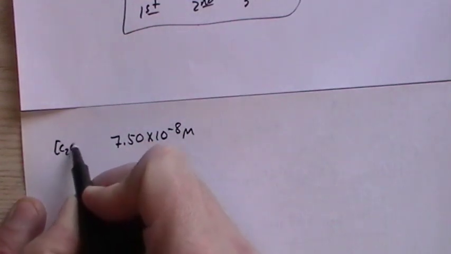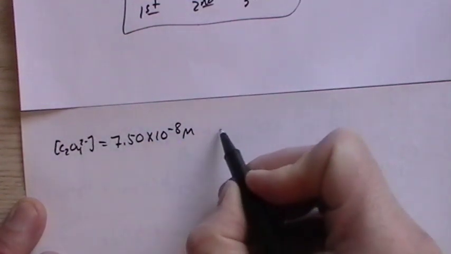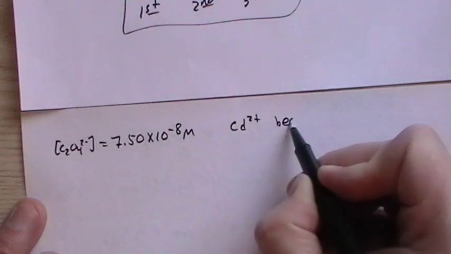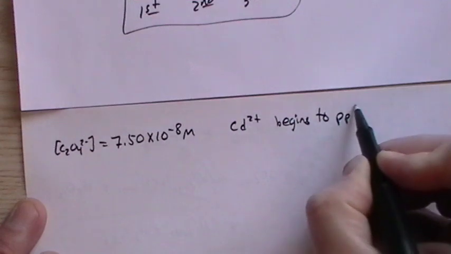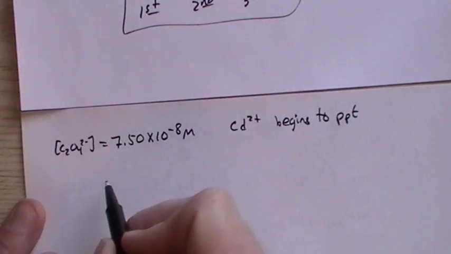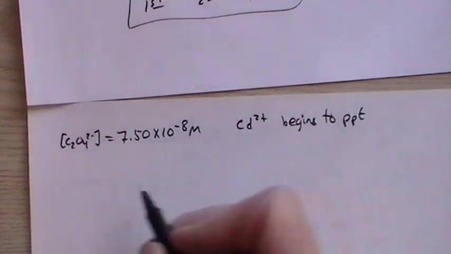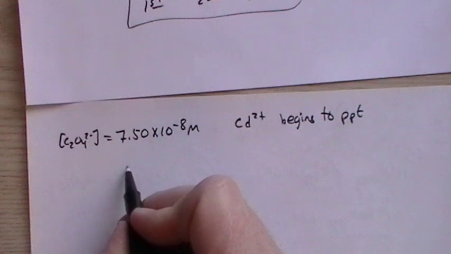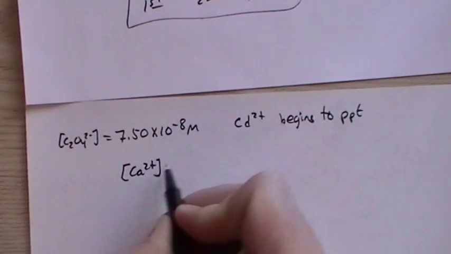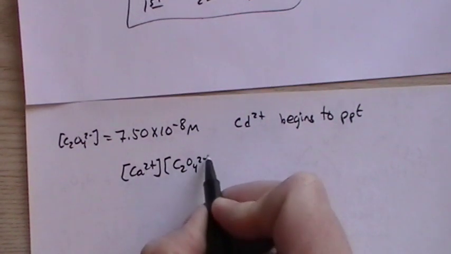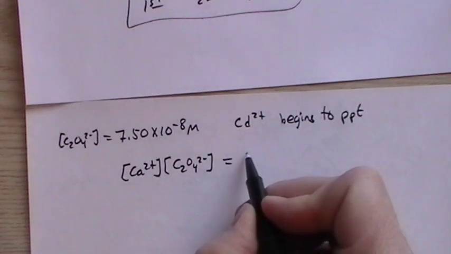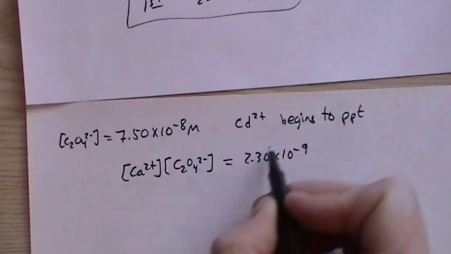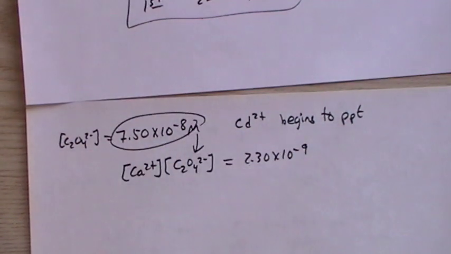The concentration of oxalate ion, and at this point cadmium begins to precipitate out. But the calcium has been precipitating for a long time, since 1.15 times 10 to the minus 8 molar. So if we take the expression for calcium oxalate, and the KSP doesn't change, it's always 2.30 times 10 to the minus 9 for the calcium, and we put this value into the calcium expression.